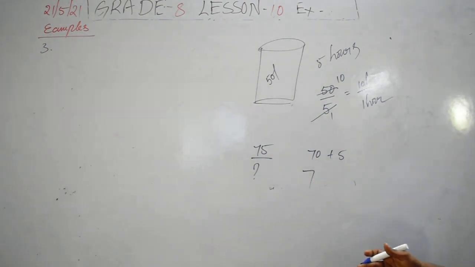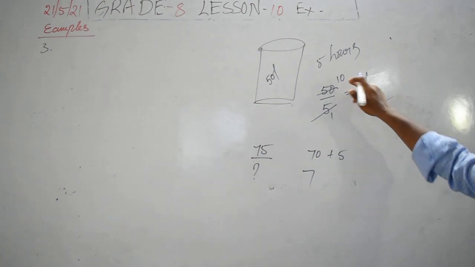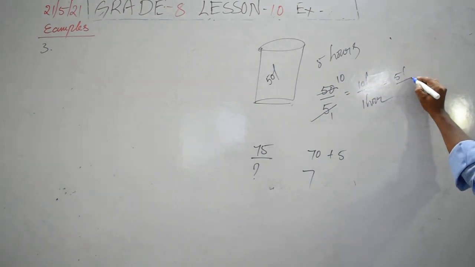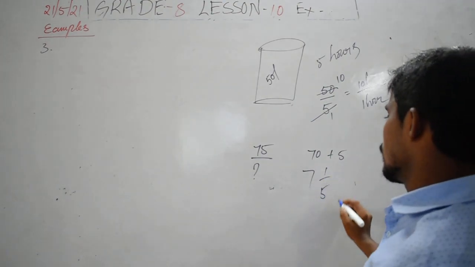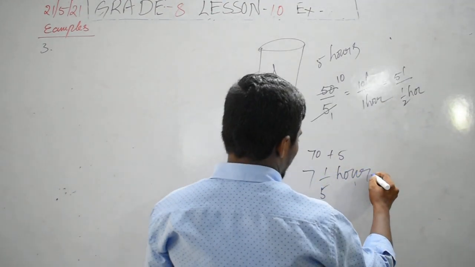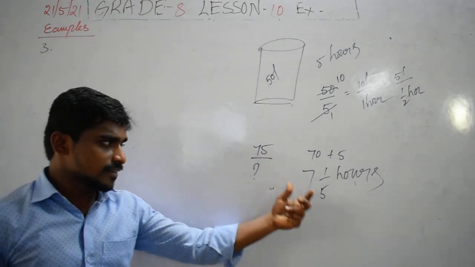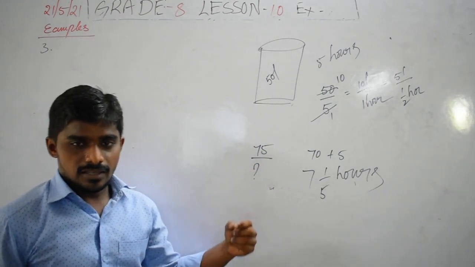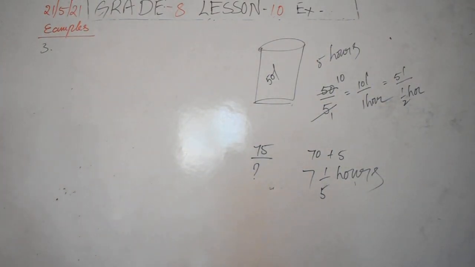And 5 liters, how many hours? 1 hour is 10 liters, so 5 liters takes half an hour. So 7.5 hours. Now I roughly explained this. Is it constant increasing or decreasing? That is constant increasing.